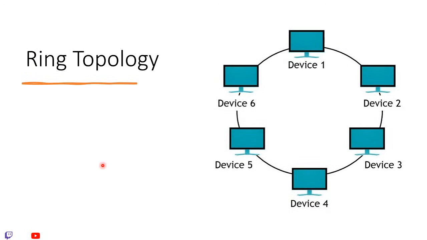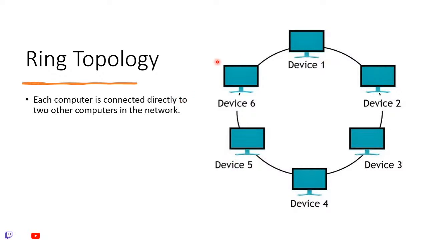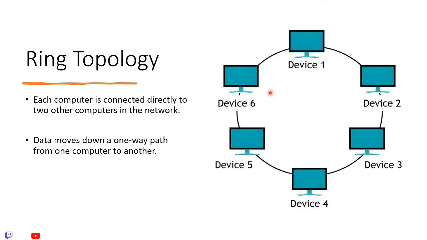So the ring topology works like this while connecting the different nodes. Each computer is connected directly to two other computers in the network.